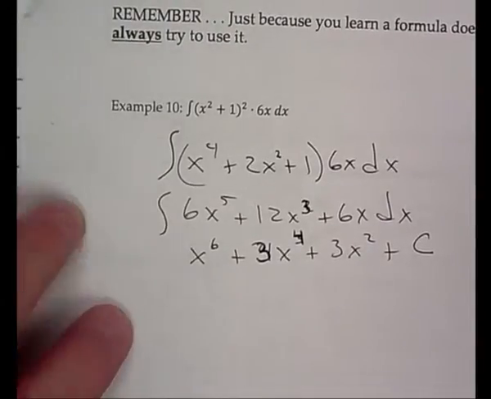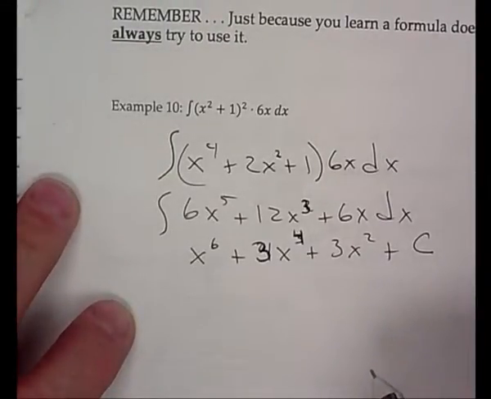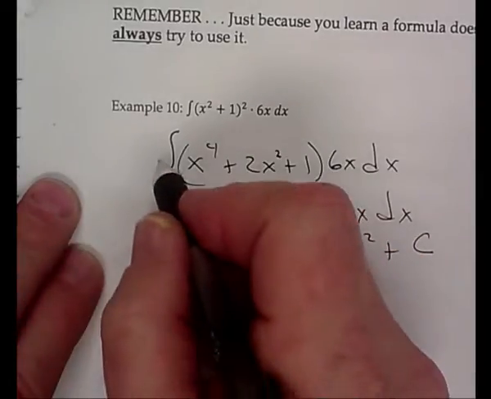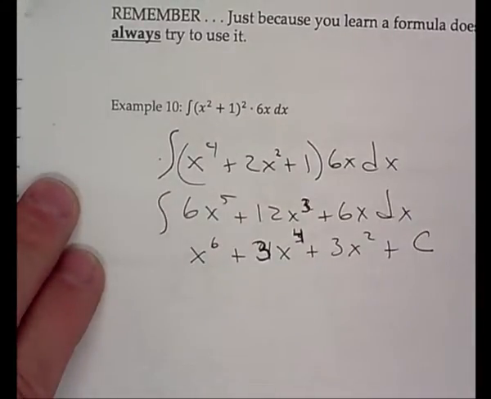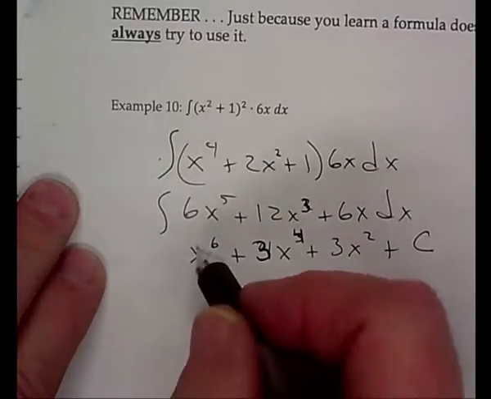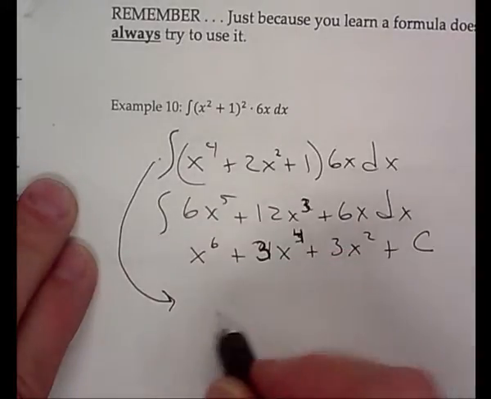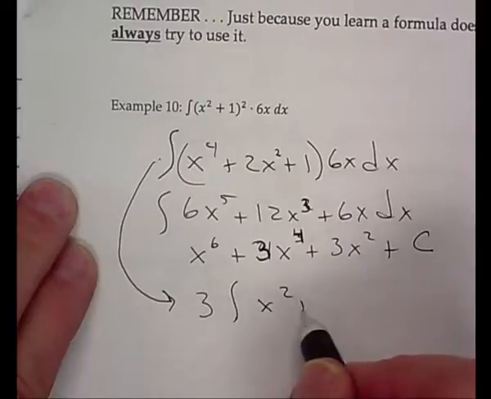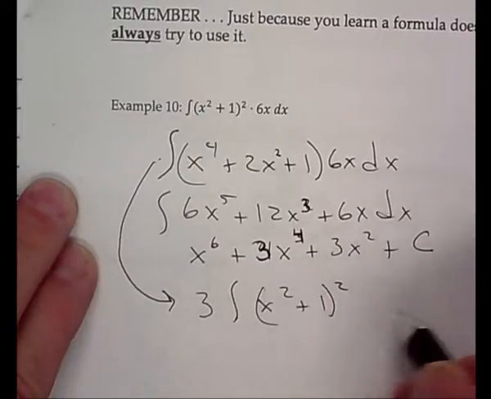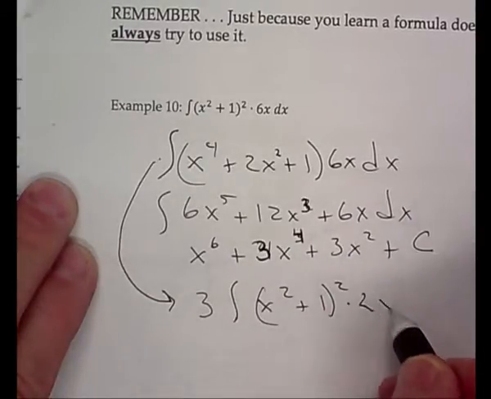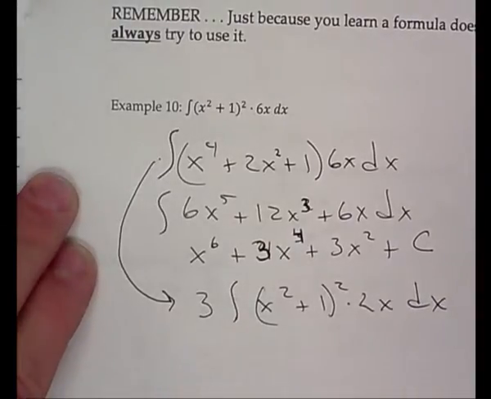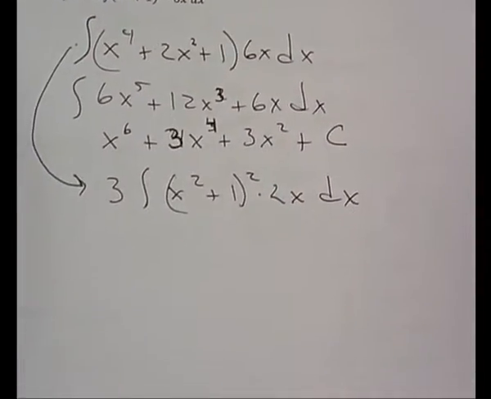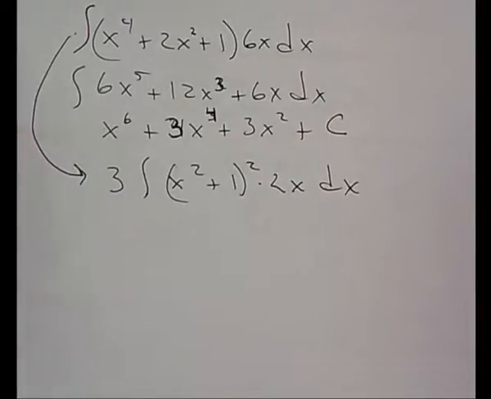Okay. I wouldn't do it that way. Holland, would you have done it that way? Yeah. Anybody do it a different way? I would have done this. Isn't 6x this, the 6x?